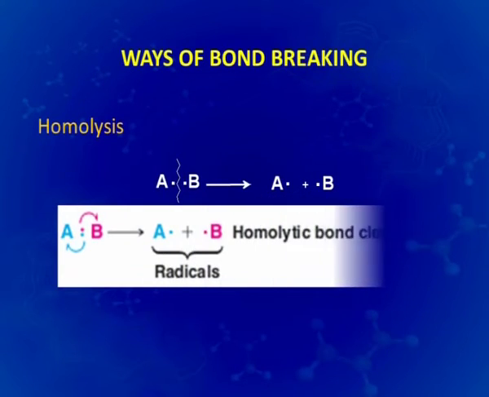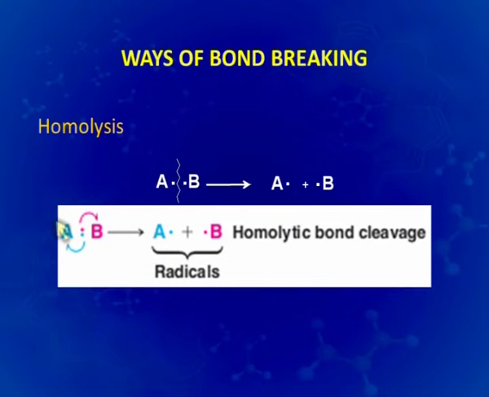This can be depicted in this manner also with the help of arrows, and we get two moieties which have an electron each as a result of homolytic cleavage. Such moieties are called radicals, which in fact form very important intermediates in organic reaction chemistry.